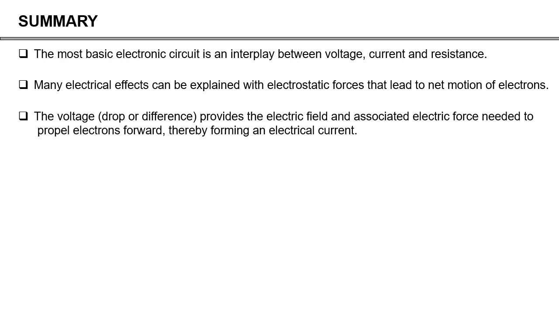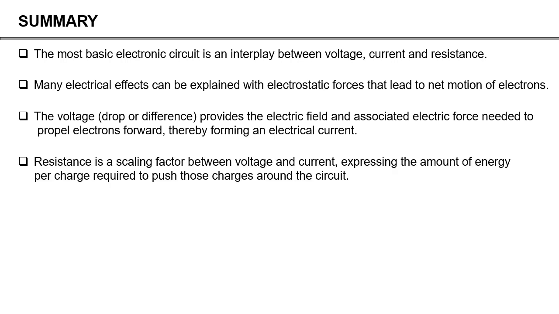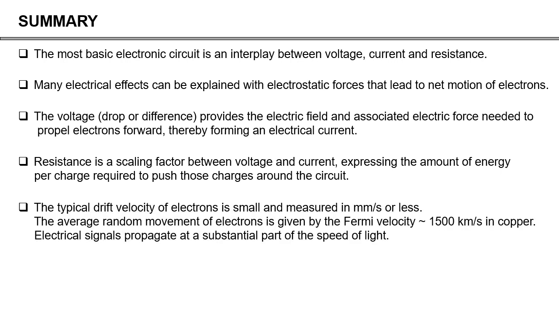The voltage or the voltage drop or voltage difference provides the electric field and the associated electric force needed to propel the electrons forward, and then those moving electrons form the electrical current. Resistance is a scaling factor between voltage and current, and it expresses the amount of energy per charge that is required to push those electrons around the circuit.